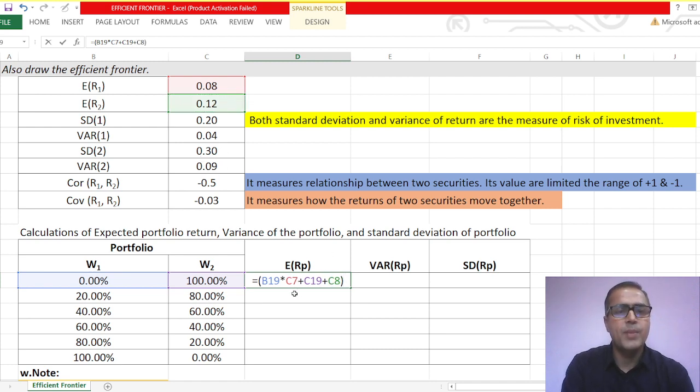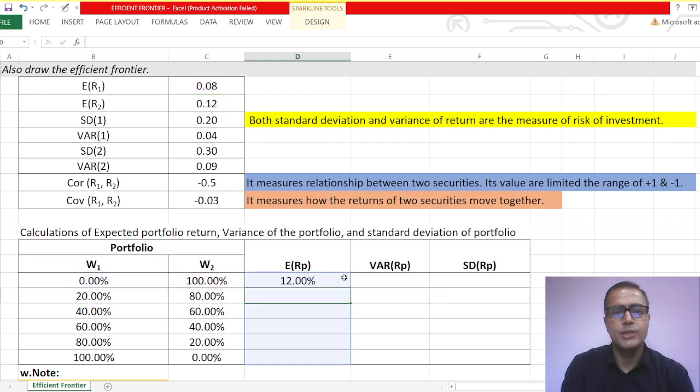Here we apply a very important function, the dollar function, to fix this formula, since I am using the expected returns for other cells also.